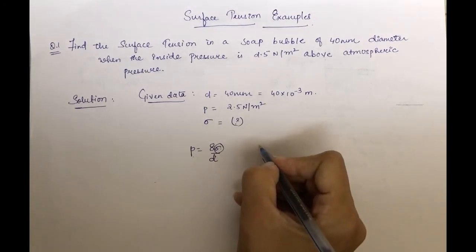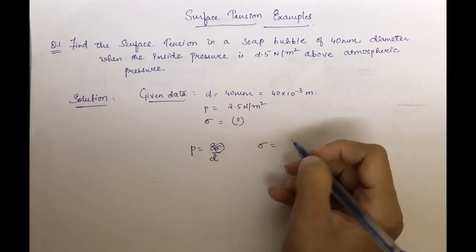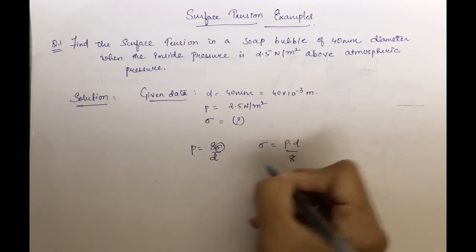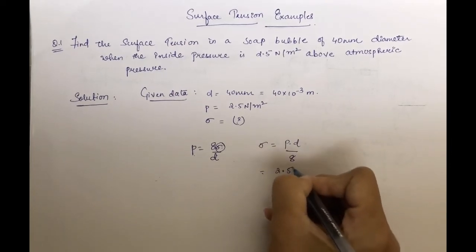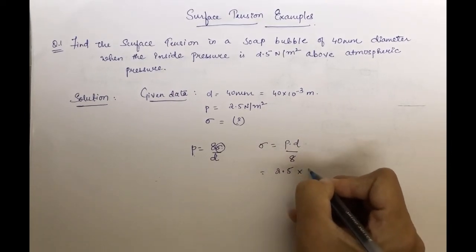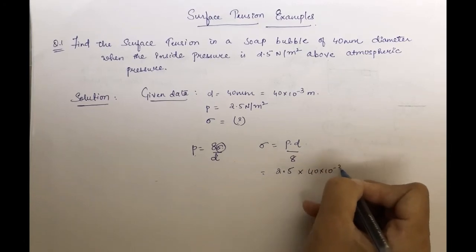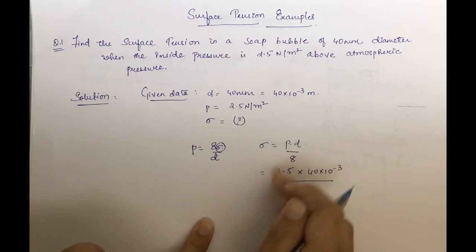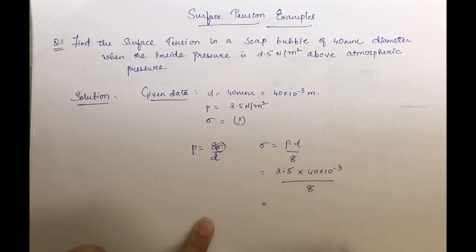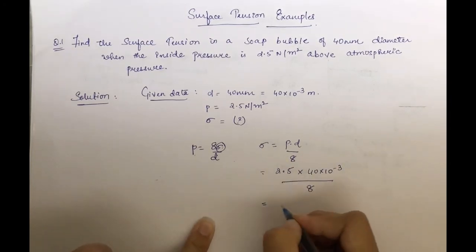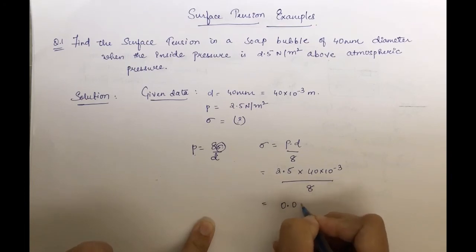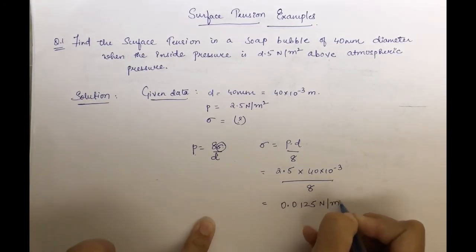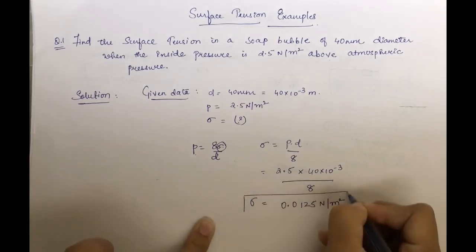It is very simple: make sigma the subject, sigma is equal to P into D upon 8. So pressure is 2.5, then diameter is 40 into 10 raised to minus 3, upon 8. After calculating these values, we will get the value of 0.0125 Newton per meter.